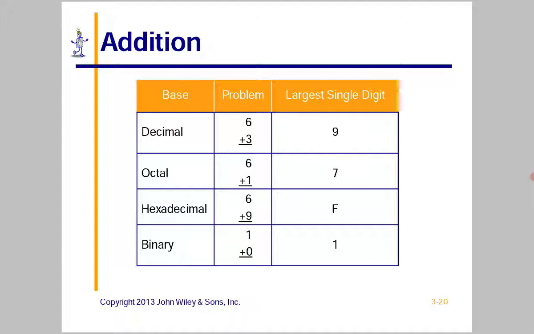For example, decimal 6 plus 3 is 9. Octal 6 plus 1 is 7.